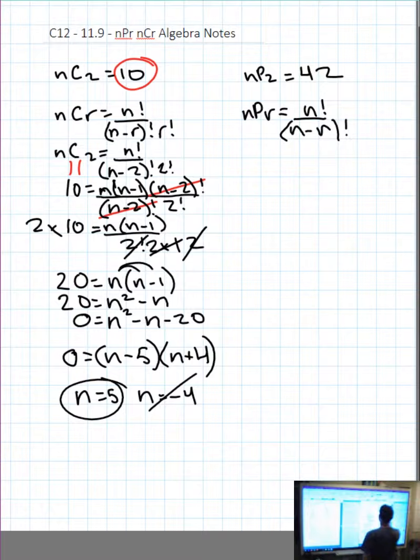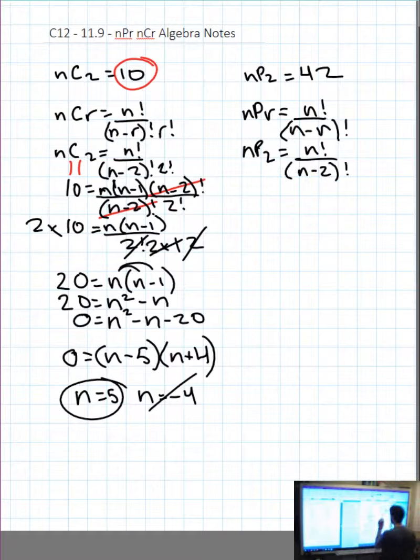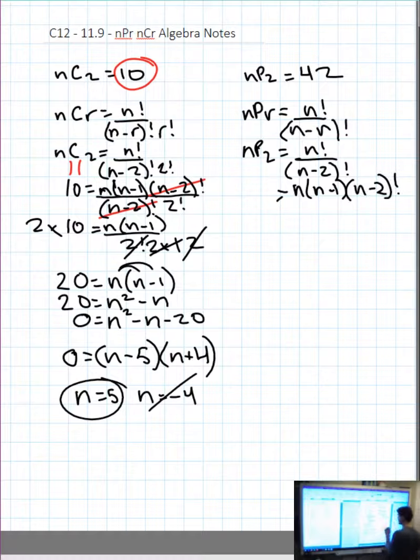So the given information is NP2 equals, and I can substitute into the formula, so that's n factorial over n minus 2 factorial. And then on the right-hand side, I can expand the bigger one, the top, which is going to be n times n minus 1 times n minus 2. And remember, I can close the factorial anytime I want because I have an n minus 2 factorial, which means I can cross those off from the top and the bottom.